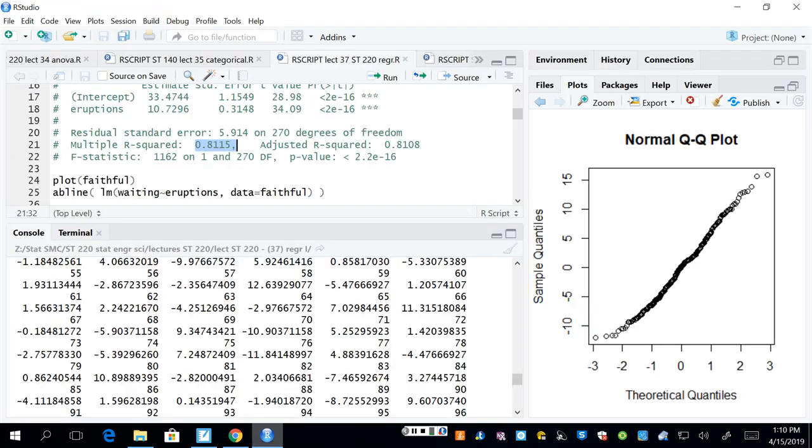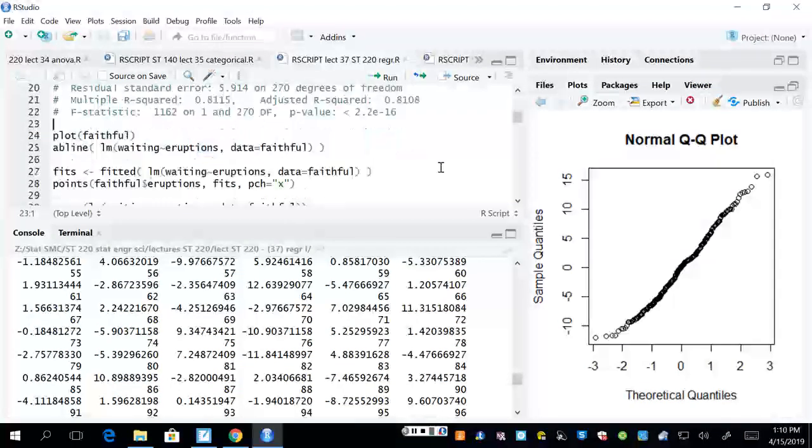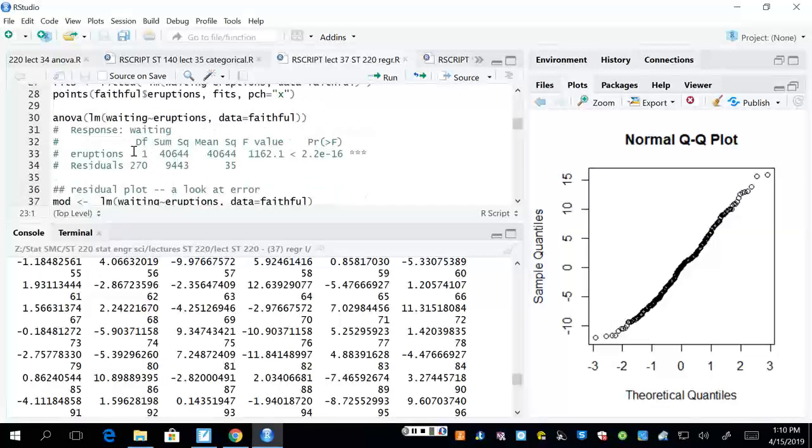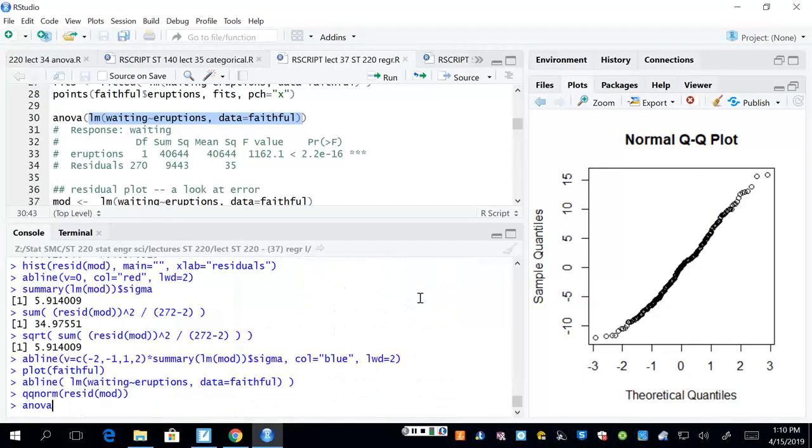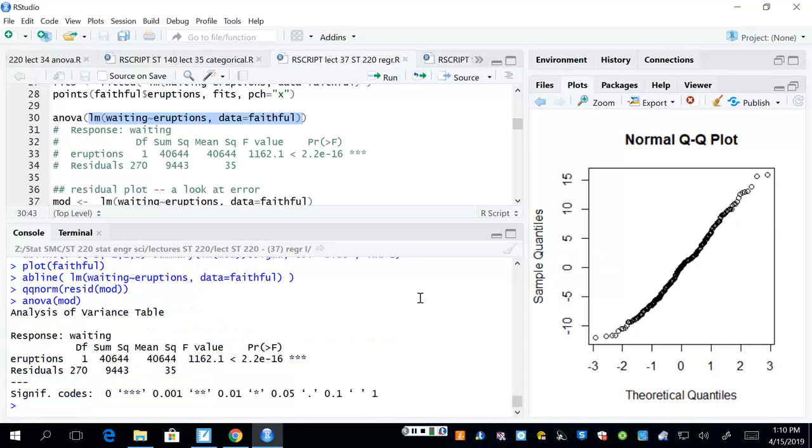In this application, it's implemented. If you give this linear model command here and just do ANOVA of that, it figures out that you're doing a linear regression and gives you that ANOVA test. I had saved that as mod, the model, and so it will do this.